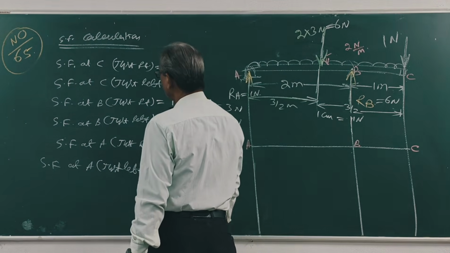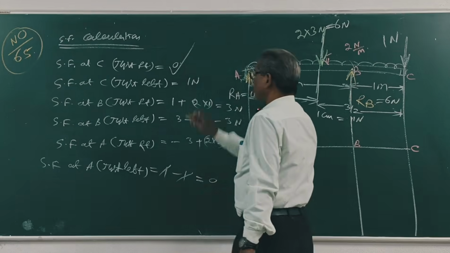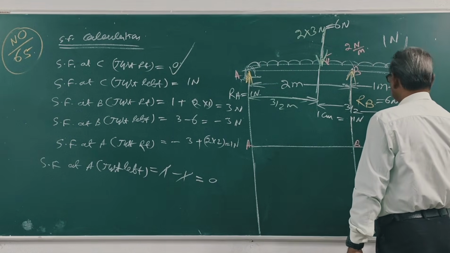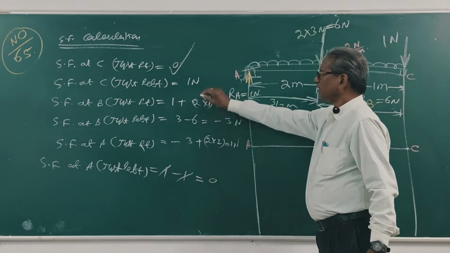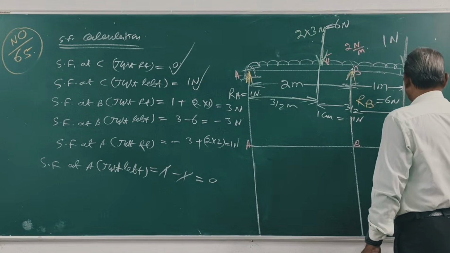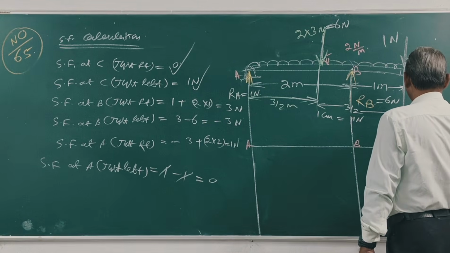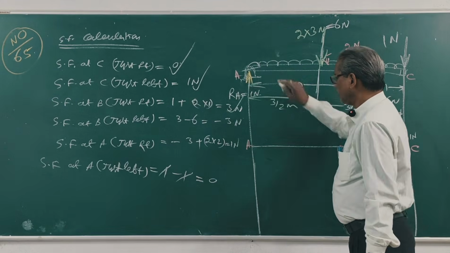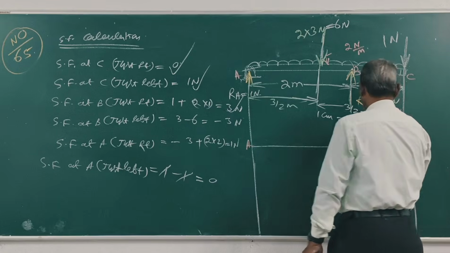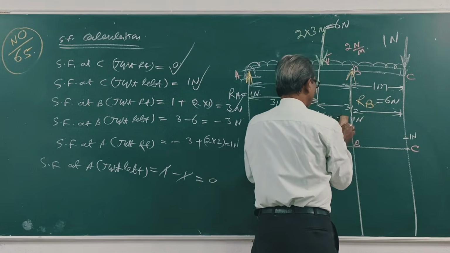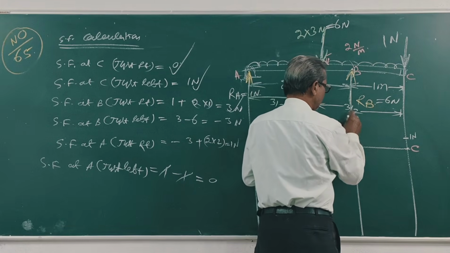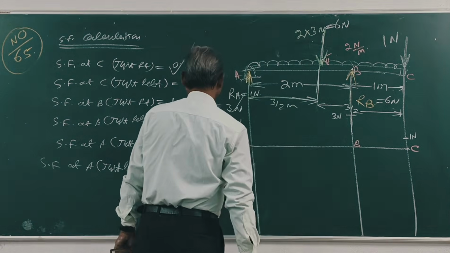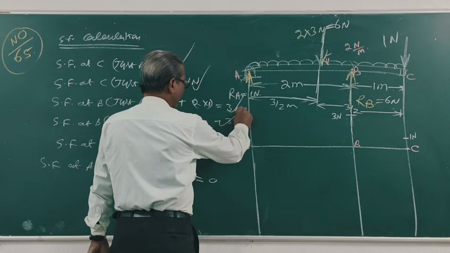Shear force at C just right is 0. C just left is 1 Newton. B just right is 3 Newton. B just left is minus 3 Newton.